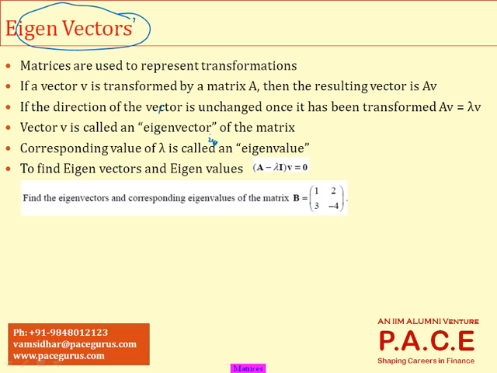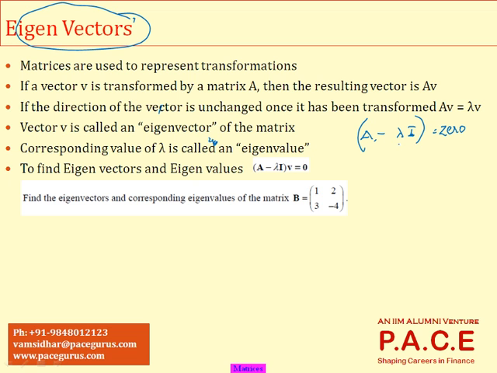This is nothing but any particular vector that makes for this particular A. If I want to find out the eigenvalue, it is nothing but any particular value of lambda that makes A minus lambda I a zero matrix.